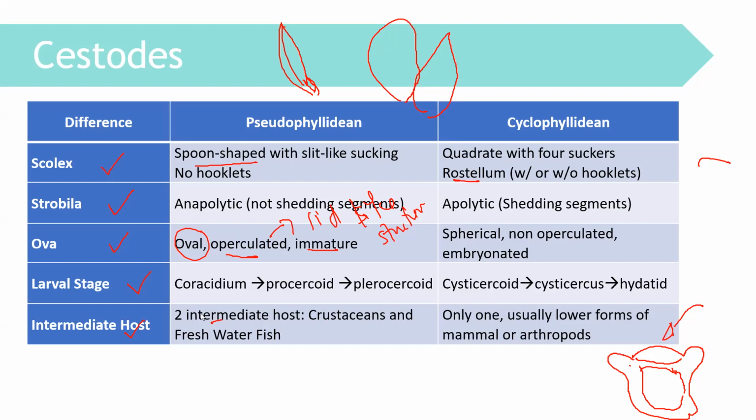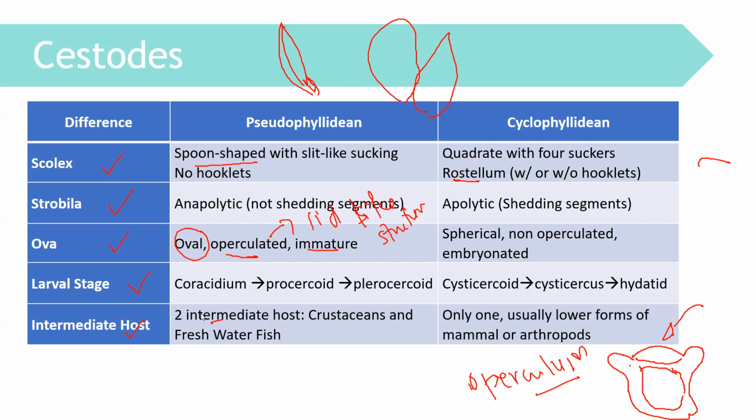This one is the operculum. Okay, operculum is the lid-like structure. Operculated ang tawag sa'yo if you have an operculum. Okay? So usually the pseudophyllideans, sila ay operculated. Now, moving forward to our cyclophyllideans, spherical and non-operculated and usually embryonated.